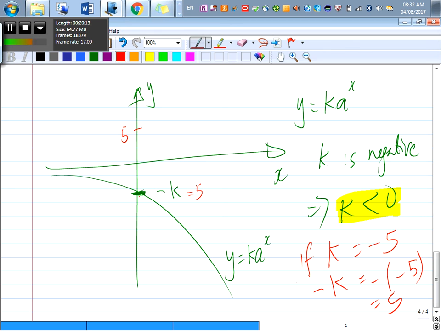In other words, this should be k, because k is already a negative number. If the x is negative, then? Oh, are you asking about this case? a power negative x?